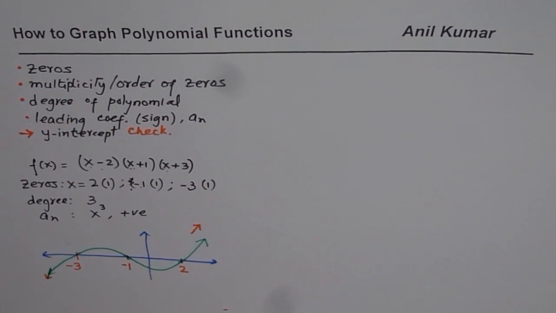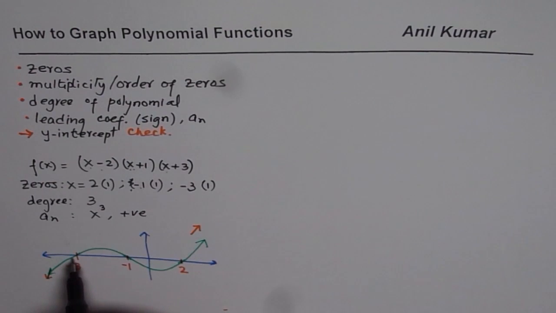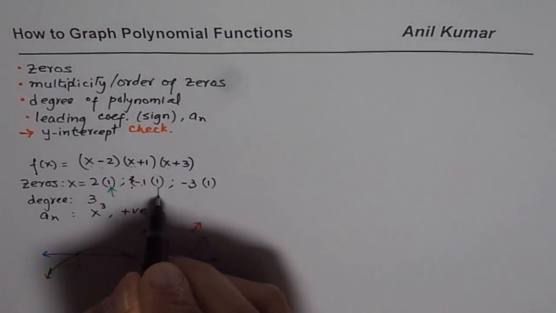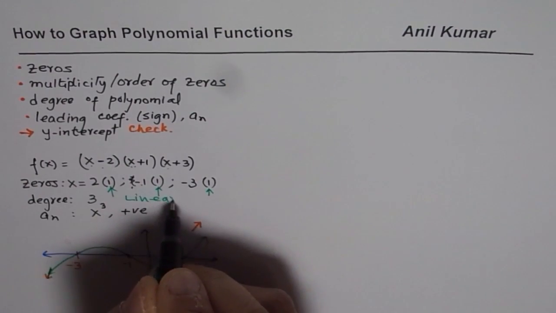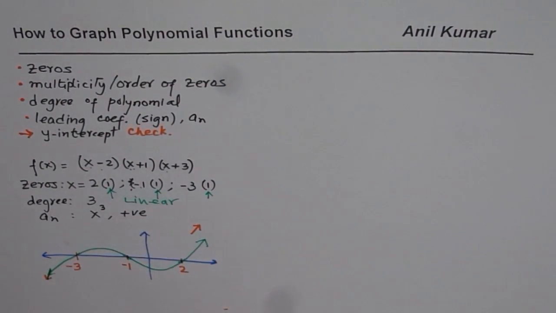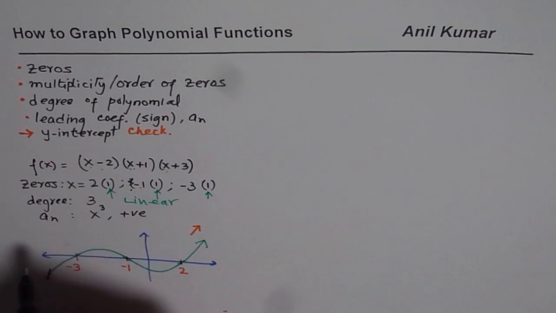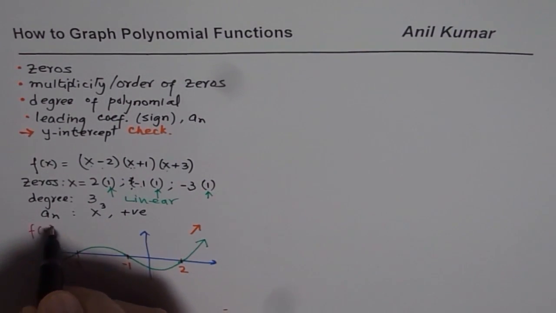Do you see that? You will notice that this crosses each zero like a line. That is what we mean. Multiplicity is 1, right? So that is like a linear function. So this crosses like a linear function. Now, the point which I was saying was a checkpoint. Checkpoint for us is the y-intercept, so we can find the value of the function at 0.